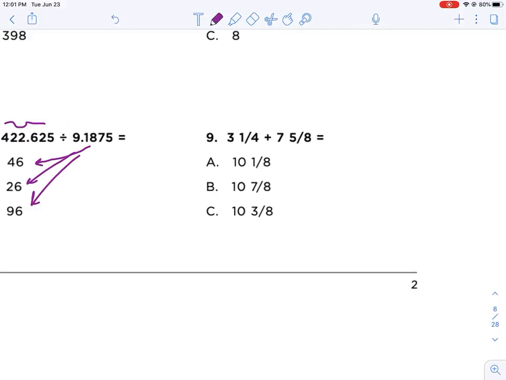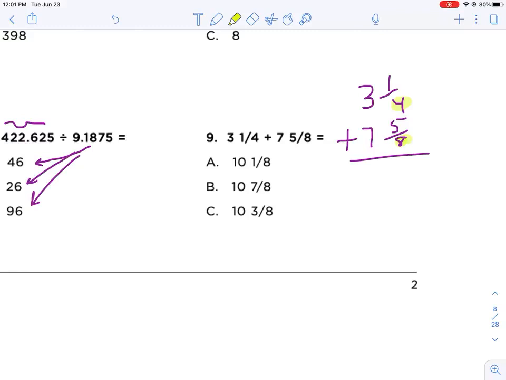Let's talk about fractions a little bit. To add fractions or subtract fractions, you must have what's called a common denominator. We're going to line up the whole part. We're going to line up the fractional part. And we're going to focus on our denominator here. They have to match. Now we can find a match by multiplying them together. 4 times 8 is 32.